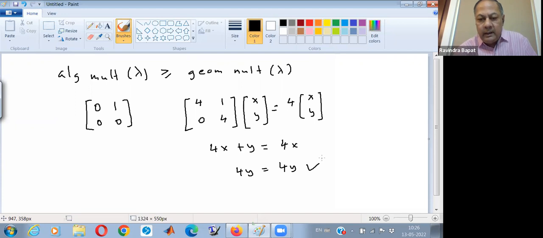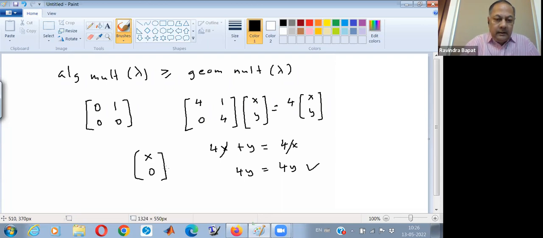So this equation is meaningless, it always holds. The first equation only says that y is equal to 0. So if you take any vector of the form (x, 0), that is an eigenvector, and that's a vector space of dimension 1. So the geometric multiplicity is 1. So the algebraic multiplicity is strictly greater than the geometric multiplicity.